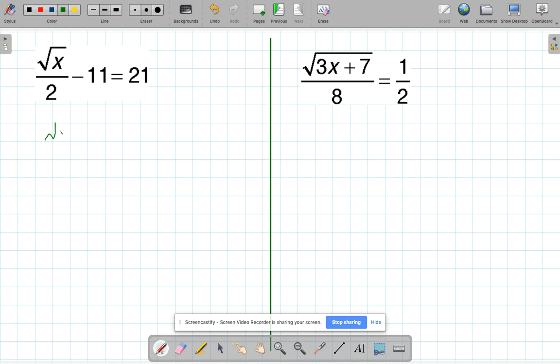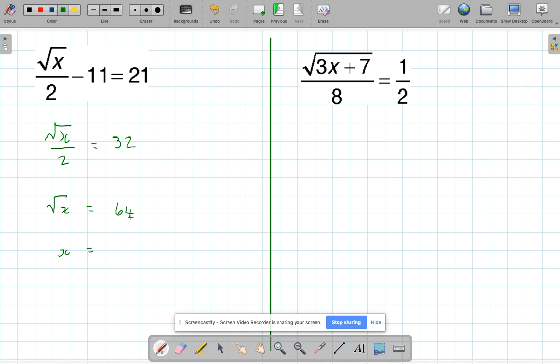I'm going to add that 11 onto both sides to begin with. So this stays like that. It becomes 32 by adding 11. Then I'm going to times both sides by 2. So we've still got this square root of x. But now it's 64. And now I square this side.